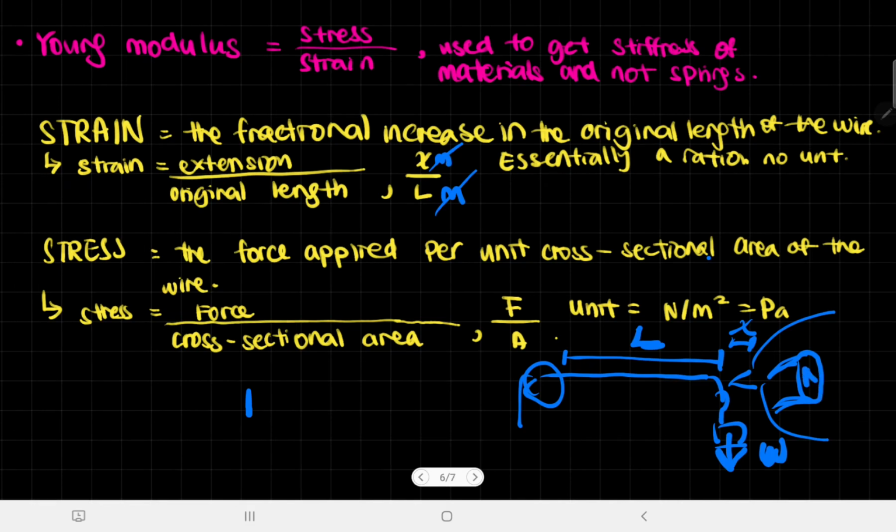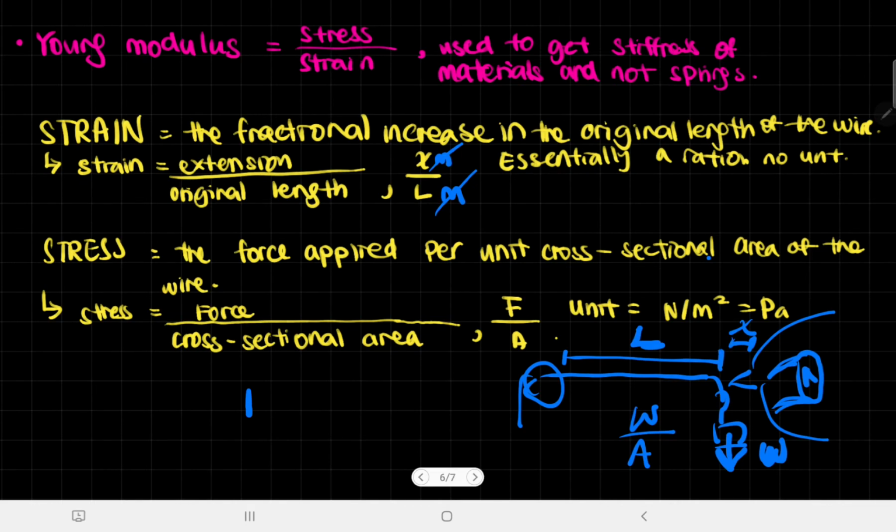So stress is the weight divided by the area that we see here. The unit is newton per meter squared, which is the same as the unit for pressure, so it can also be denoted as pascals, and both are acceptable.